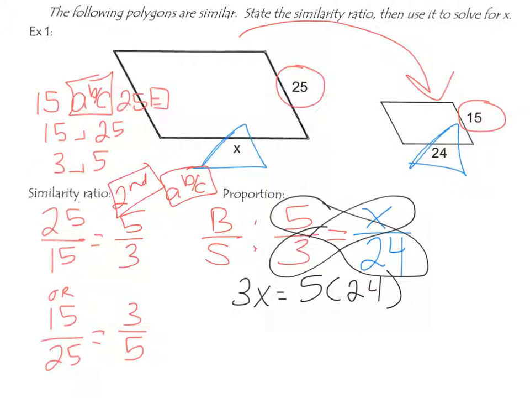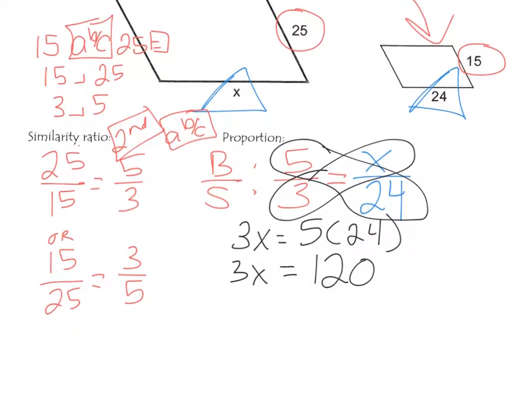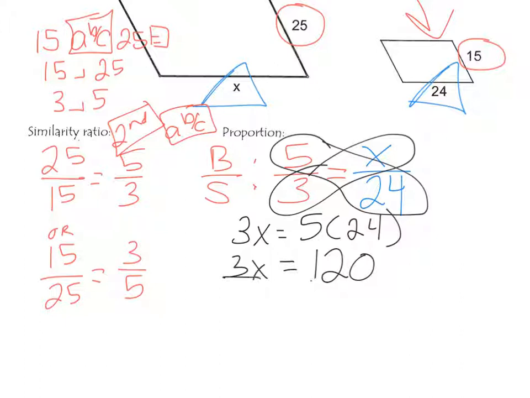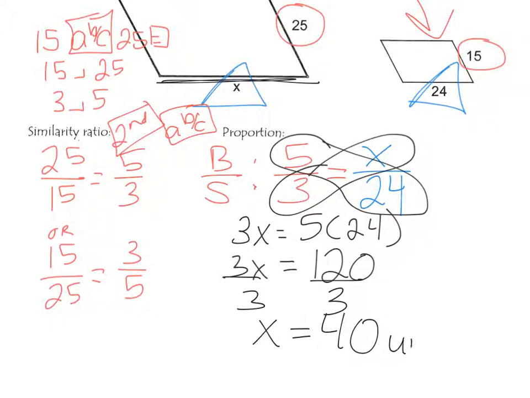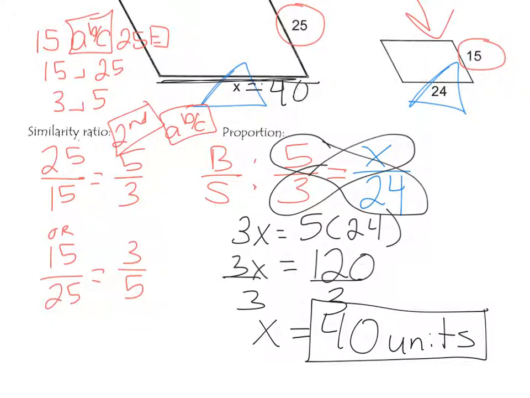All right, so 3x equals 5 times 24 should give you 120. And then we can divide both sides by 3, and x will equal 40. And since this is a length, it's 40 units. So the length of this guy right here is 40 units.